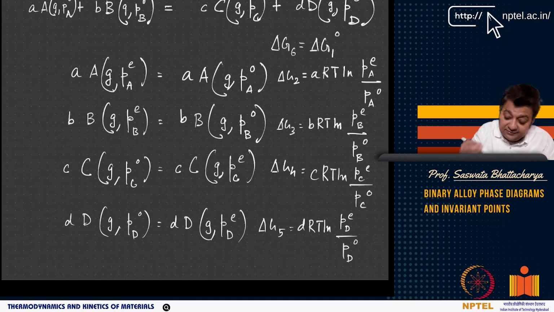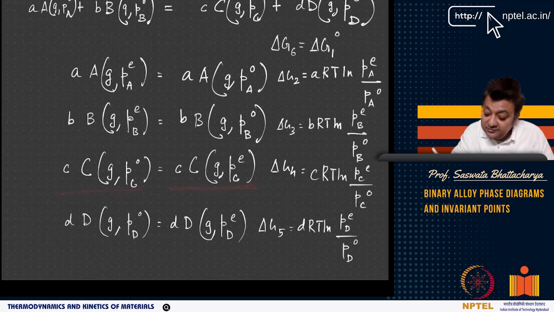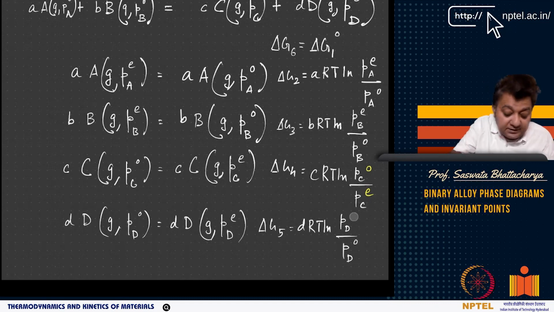So basically, C and D originally exist in the pure state. From the pure state, we have to go to the equilibrium state. Now, in this case, what will be delta G4? This will be PC naught by PC, and this is also going to be PD naught, where naught is the zero, PD zero.